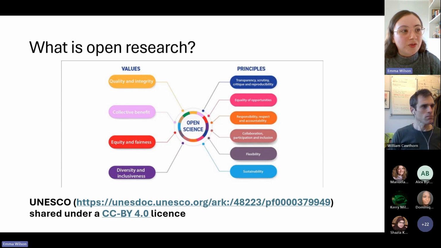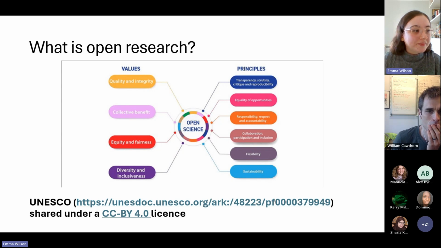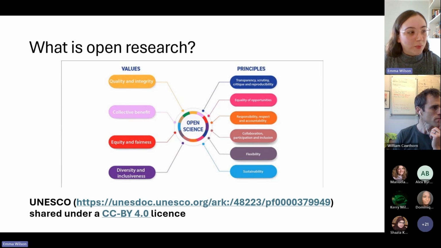And the principles are transparency, scrutiny, critique, and reproducibility; equality of opportunities; responsibility, respect and accountability; collaboration, participation and inclusion; flexibility; and sustainability. You can read a lot more about the UNESCO values in their Open Science Recommendations report, which I've linked to.